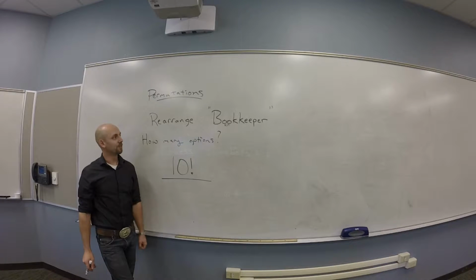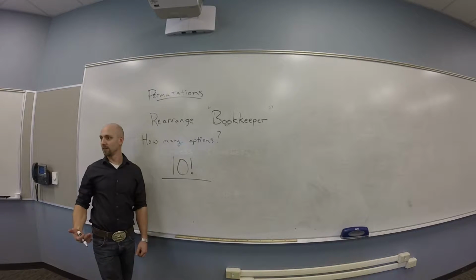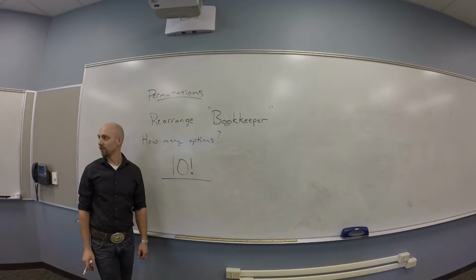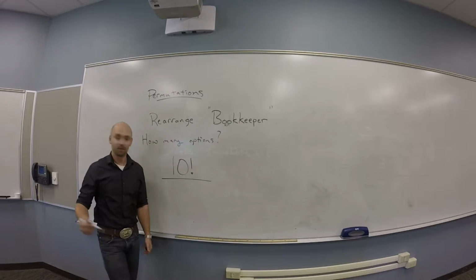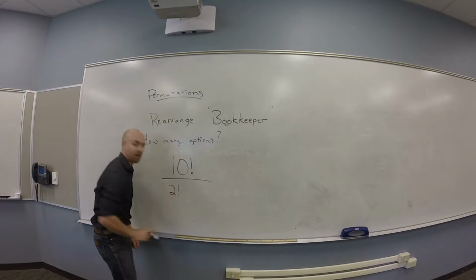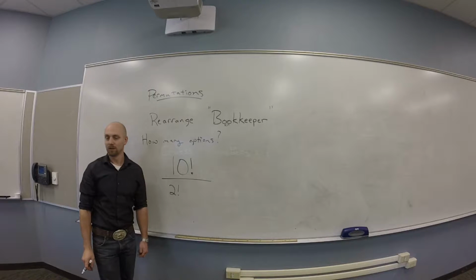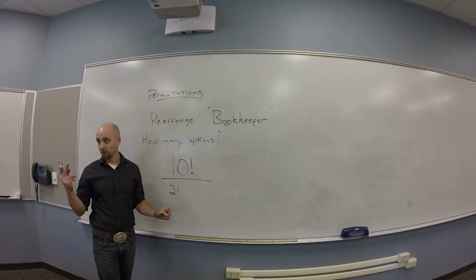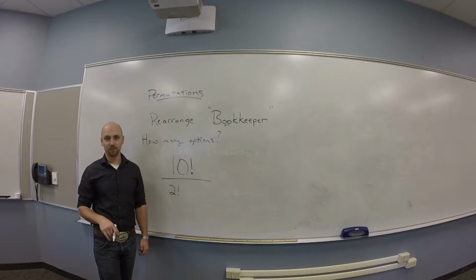So how many repetitions are there for the O's? What do I have to slice out for O's? There's 2 factorial, right? 2 factorial is really just 2. So I'd slice out those 2 rearrangements.